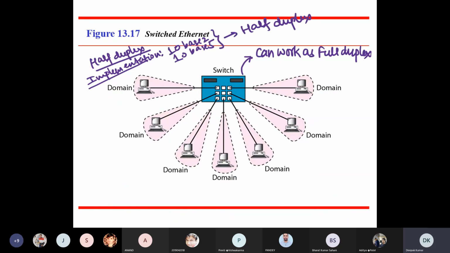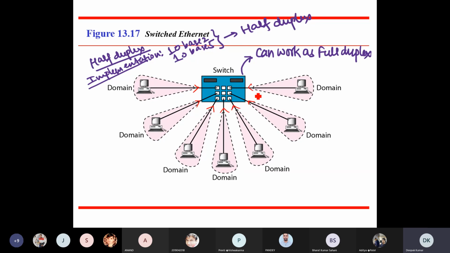Otherwise, switch network. In a switch network, the bridge is replaced by a switch. I was discussing bridge and switch. A major difference between these two components is that a switch has a larger number of ports that can be connected through these domains.